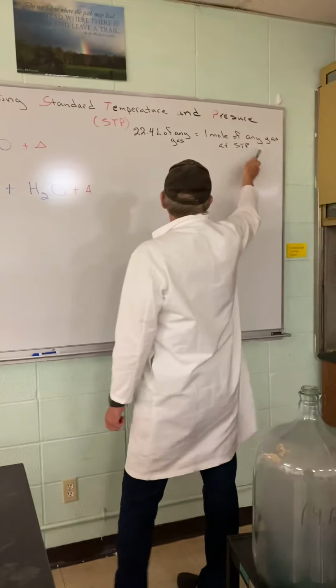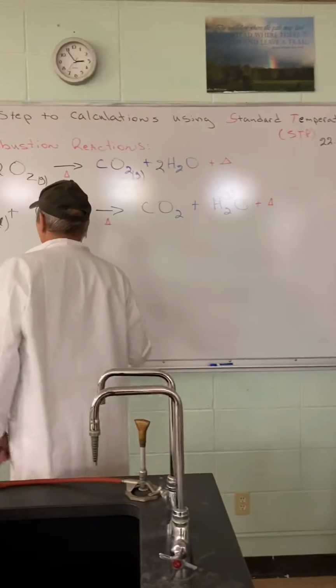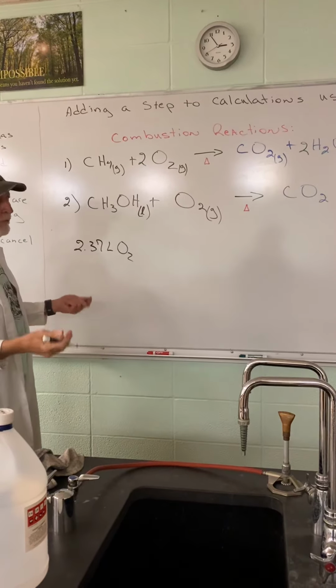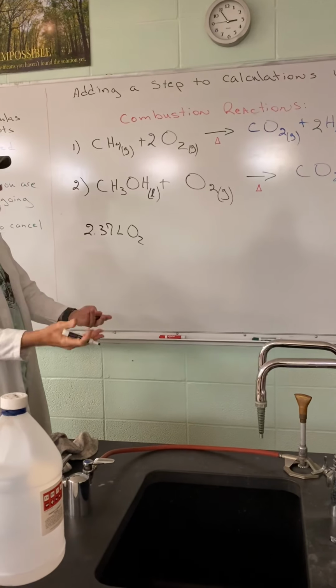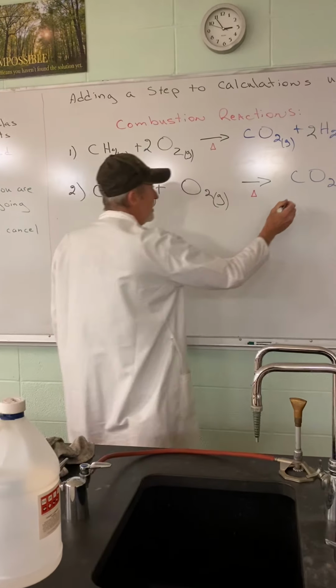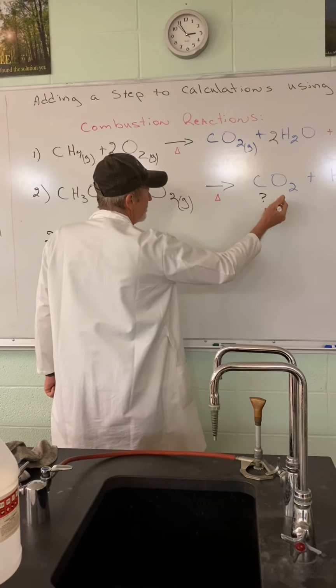We're going to calculate using this equivalency and our balanced equation, number 2. And we're going to see how much carbon dioxide could be produced, because obviously carbon dioxide does not support combustion. Apparently I didn't get enough of it out of there, so I'm going to put that as a question mark.